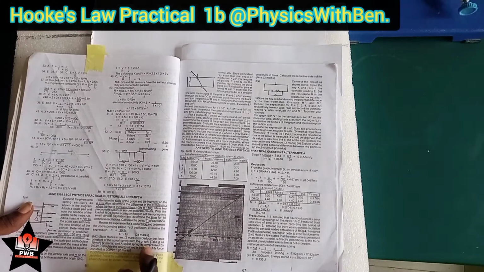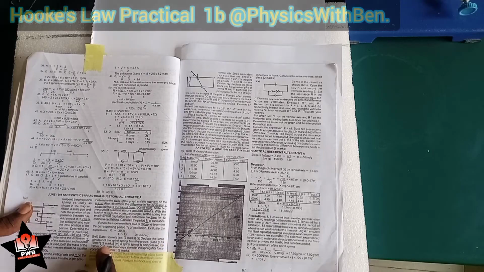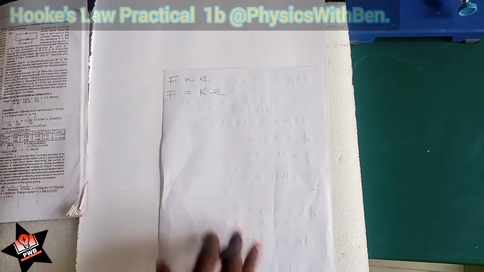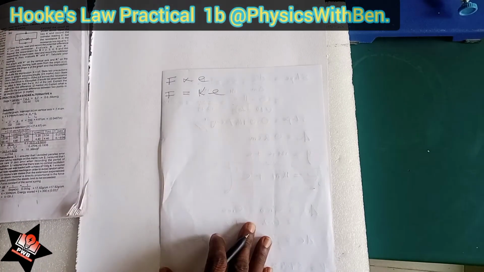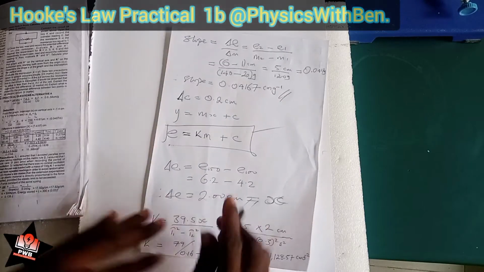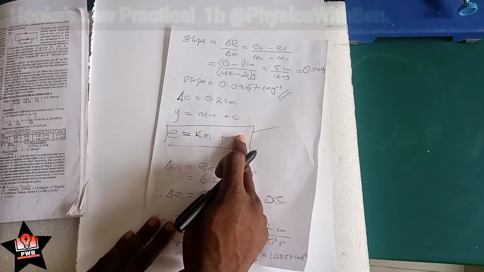Next, deduce the force constant of the spiral spring from the graph. We can deduce the force constant from the graph using this particular equation here.